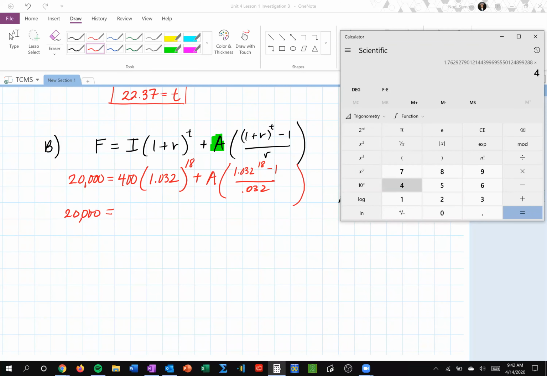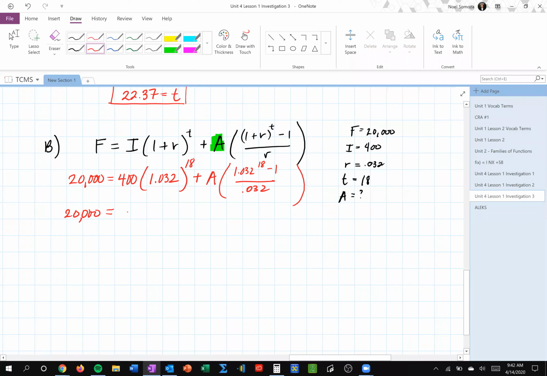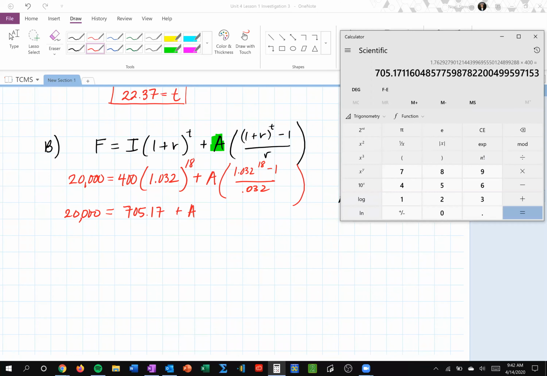That gives us 705.17, plus A. We don't know what that is, but we can still simplify what's inside the parenthesis: 1.032 to the 18th power, remembering not to round yet, subtract 1, then divide by 0.032.